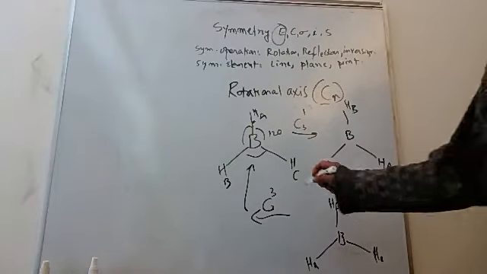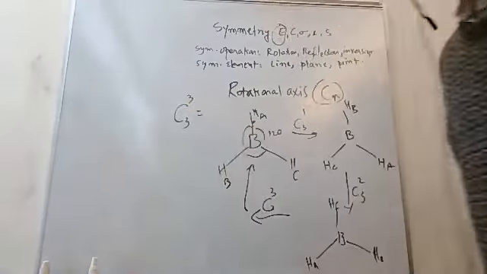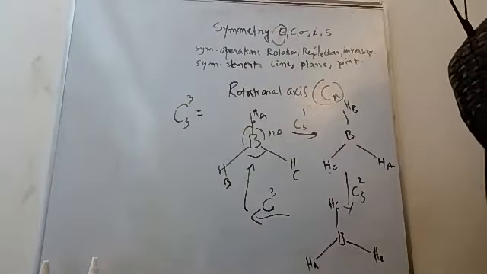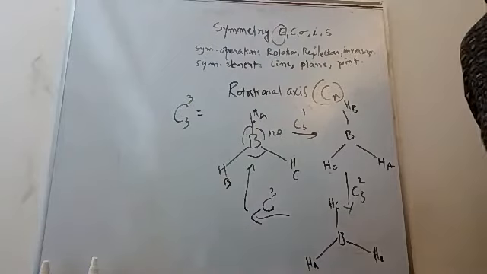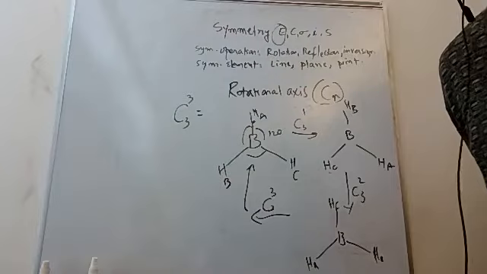So when I do C3 three, it is as if I haven't done anything to the molecule. What is that operation we call that? In the beginning, we talked about identity. Identity.